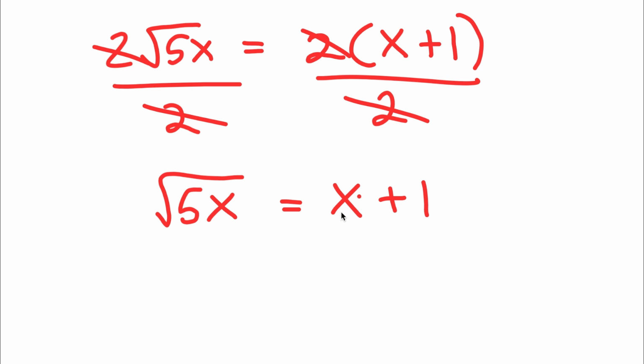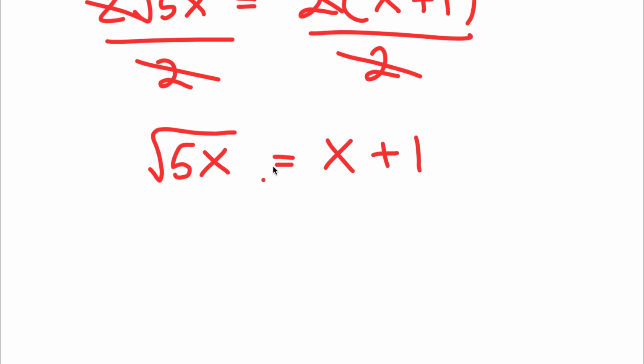Now, how are we going to simplify this even more? Because again, I want to solve for the value of x. Well, notice how we have the square root here. So, whenever you're solving an equation, keep this in mind, most of the times the best thing to do is to always get rid of the square root.